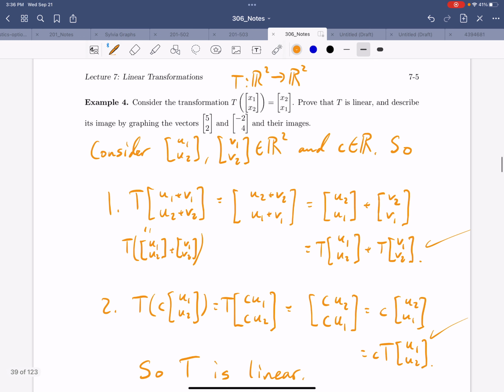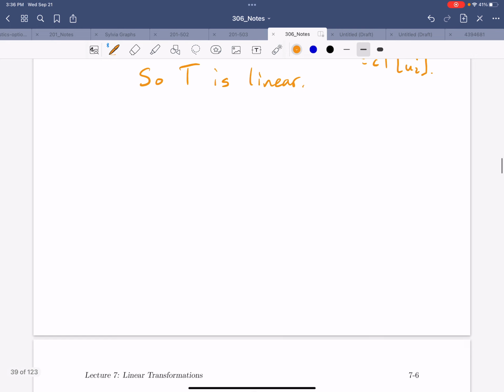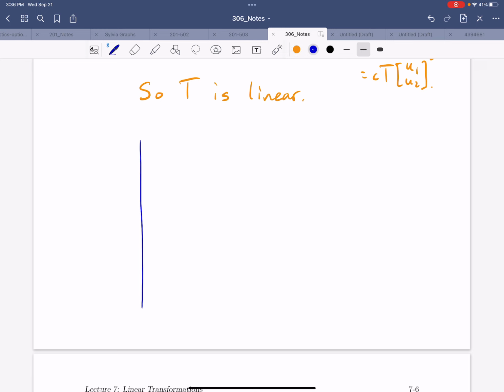Now, let's see what it does, right? We're going to consider the vectors (5, 2) and (negative 2, 4), right? So if we just get a couple axes going. What we're going to do is we'll just consider a generic vector (5, 2).